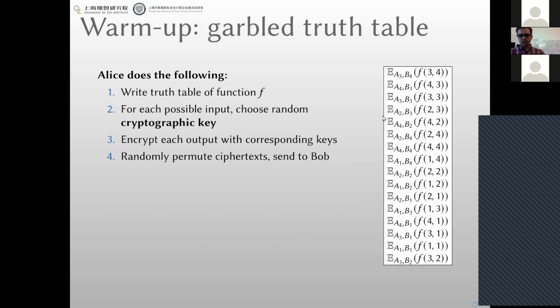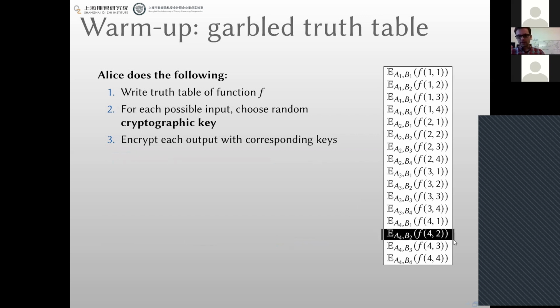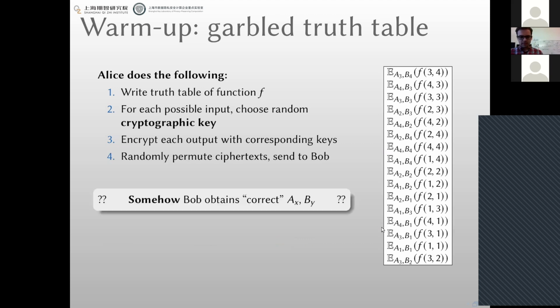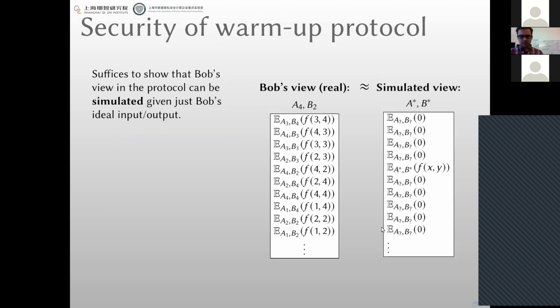If the table really looked like this and he decrypted this one, he would say, well, the 14th item in the table is always for input 4-2. So that's why we randomize the order here. And I didn't really emphasize it when I was on this slide, but in this simulated view, you just pick a random position for this ciphertext.